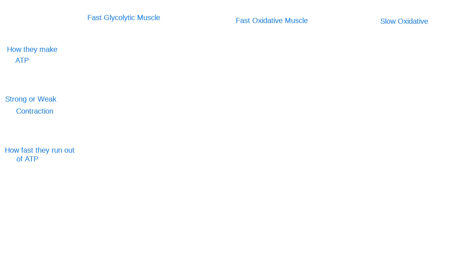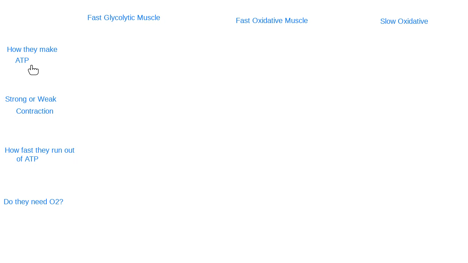We should also know, do they need oxygen? Do they need O2? Here are some of the major things that we need to make sure we know about these types of muscle tissue. So let's start with the first part, how they make their ATP.